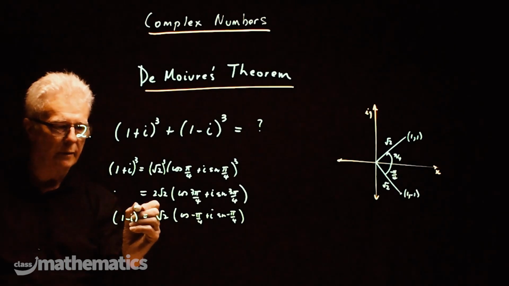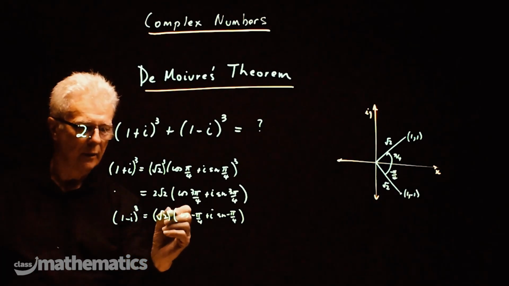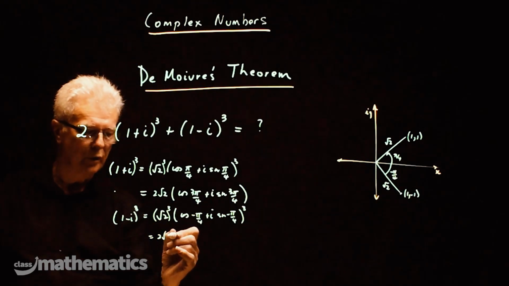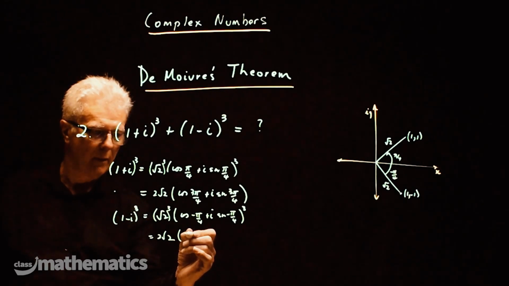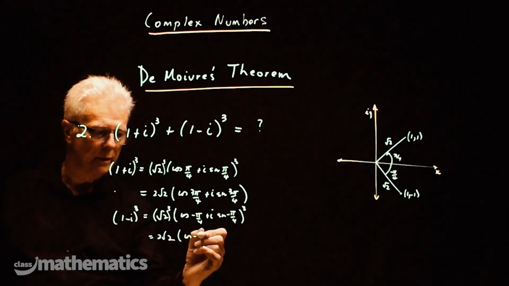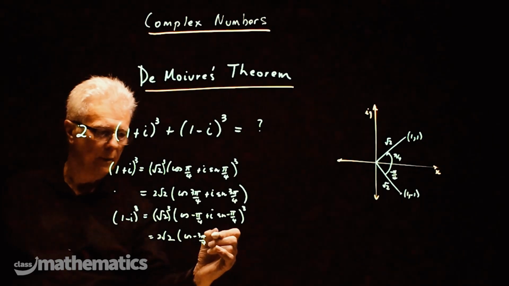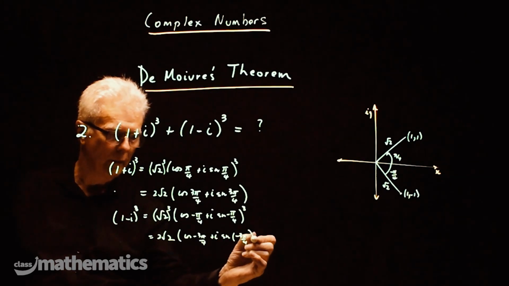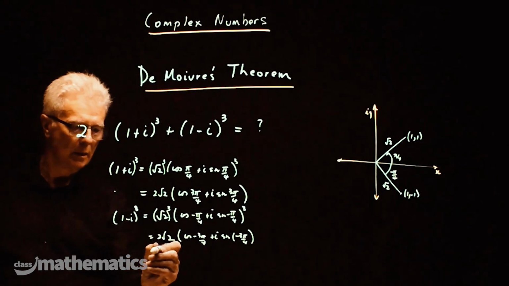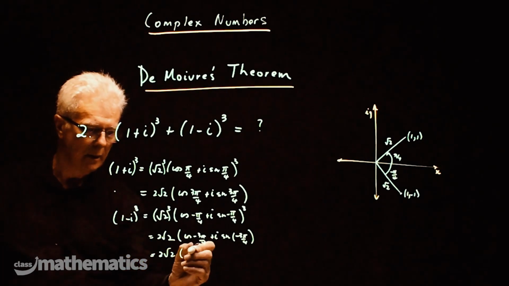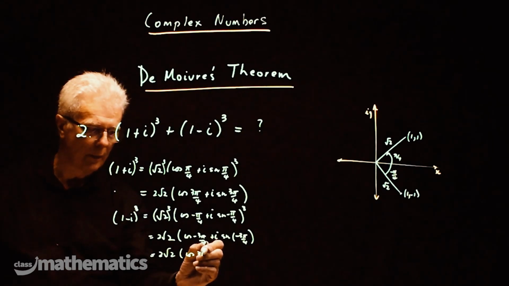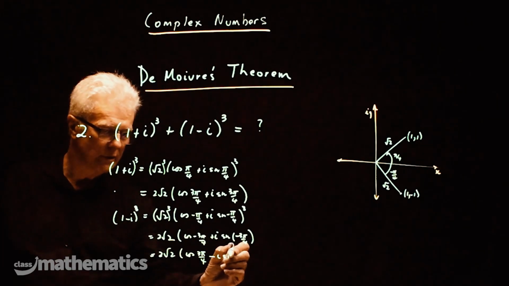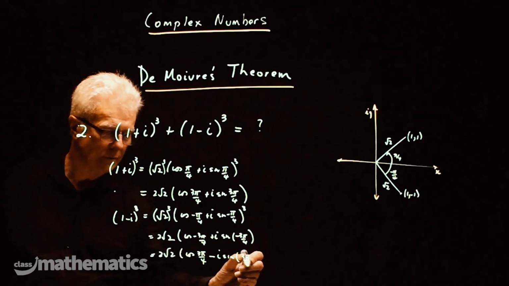Then we cube this, and that becomes 2 root 2 times the cos of minus 3 pi upon 4 plus i sine of minus 3 pi upon 4. I'll rewrite that as the cos of 3 pi upon 4, but this one is minus i sine of 3 pi upon 4.